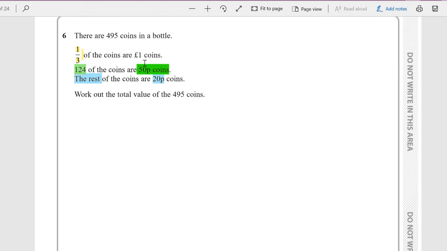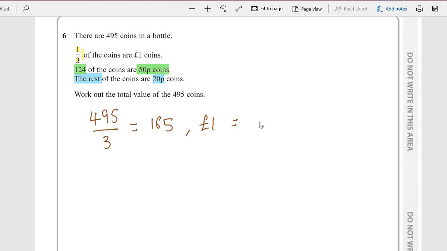Okay. Right, so let's do this. We want to work out 495 divided by 3, to figure out a third. So that equals 165. So we know that 165 coins are £1 coins.